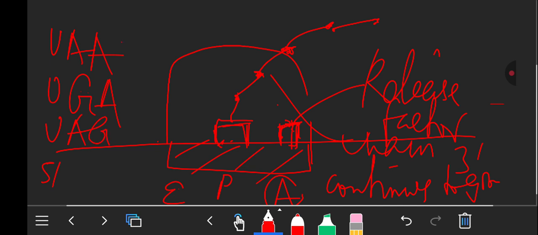So when these stop codons are read, of course there will be a release factor which is going to come to the A site. And once the release factor comes and binds at the A site, of course termination will stop. So it means that termination has now occurred.